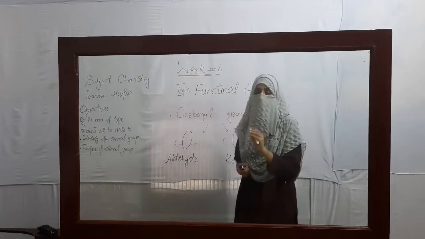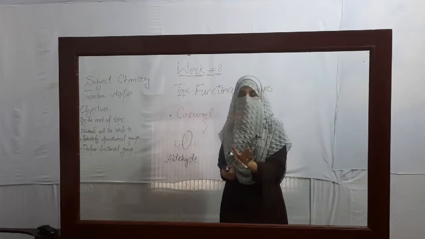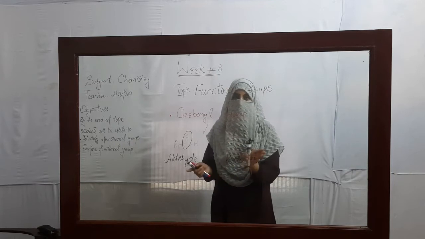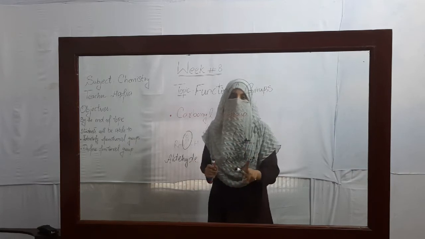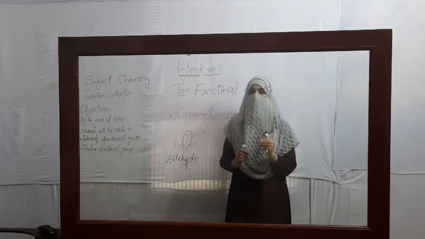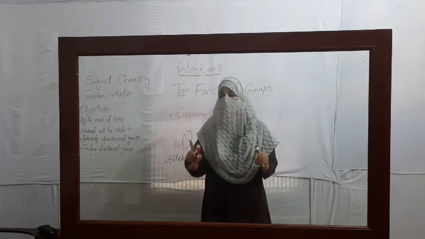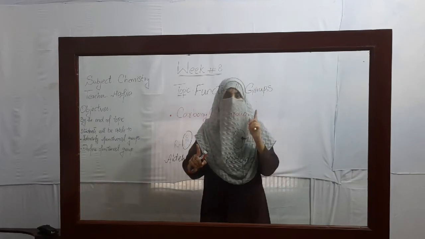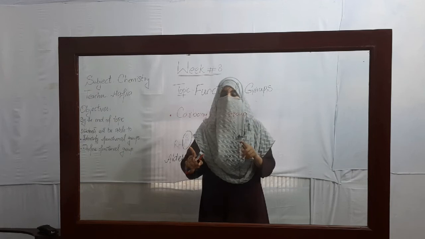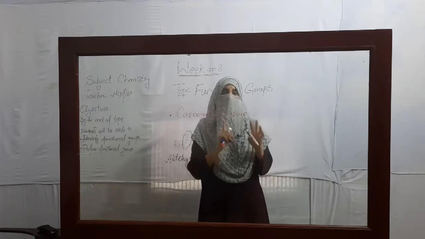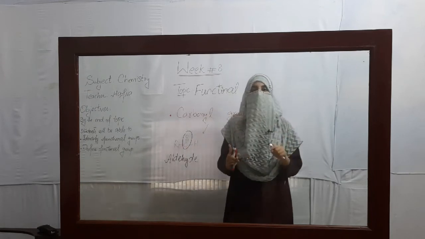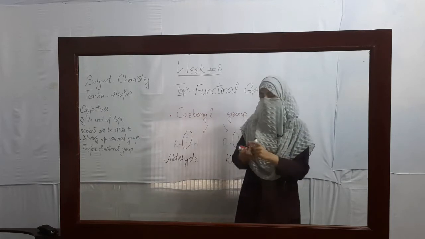And if the carbonyl group has two alkyl groups bonded on both sides, then it will be known as a ketone. So it's a compulsory condition that a carbonyl group with at least one hydrogen atom is an aldehyde, and if both ends have alkyl groups, it is a ketone.